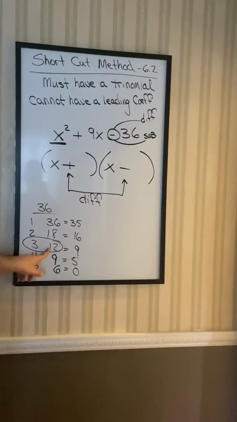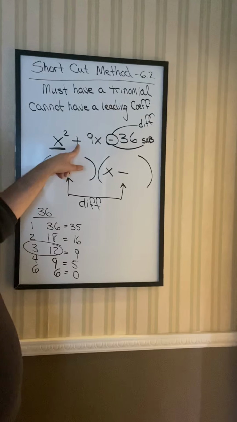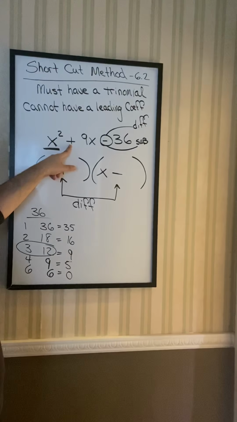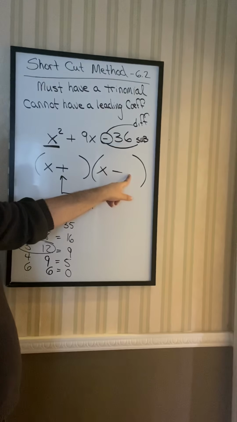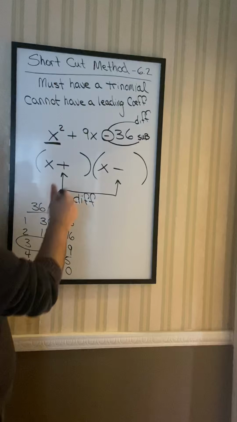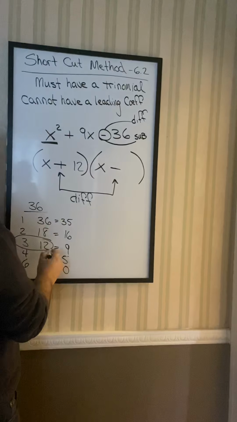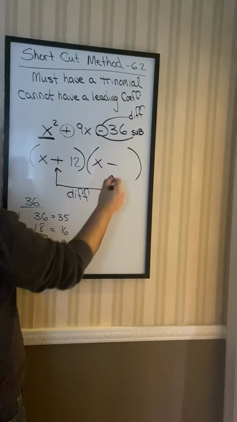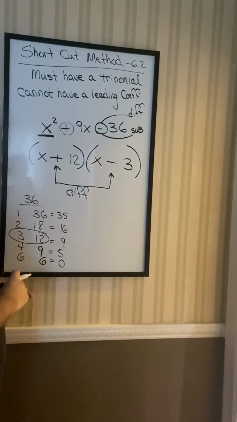So we already told you 12 is the higher number, the middle is plus. So that means the higher must get the positive sign. So the 12 can't go here because that would make it negative. The 12 must be here. Because remember, higher number has to get the plus. That means the 3 will go over here.